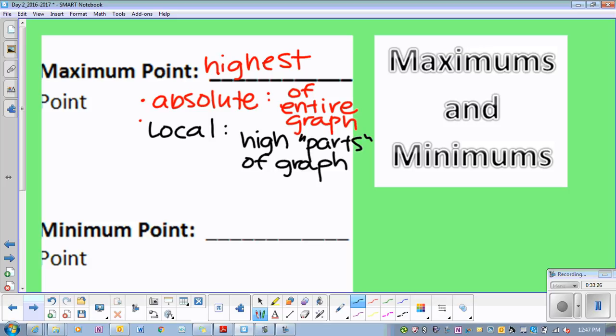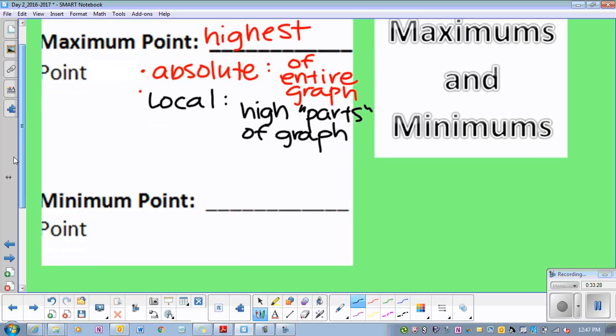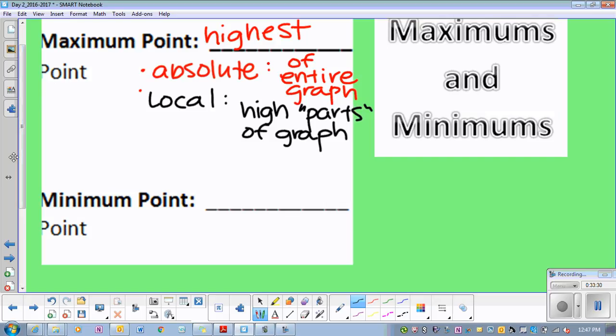Then your minimum point is going to be your lowest point. And the minimum also has an absolute and a local. I'll show you the difference between the 2.